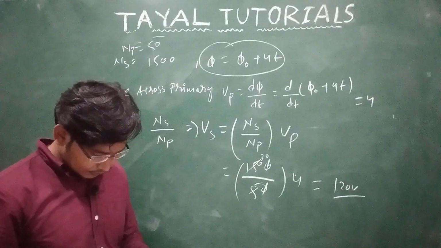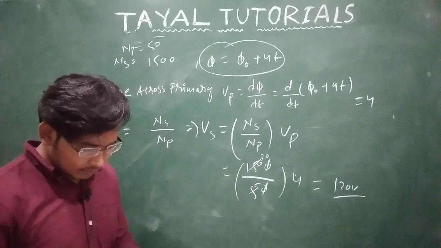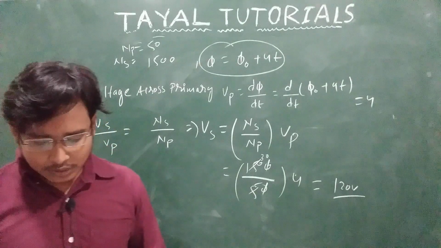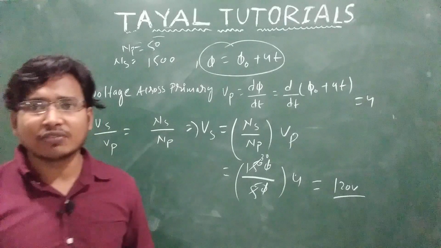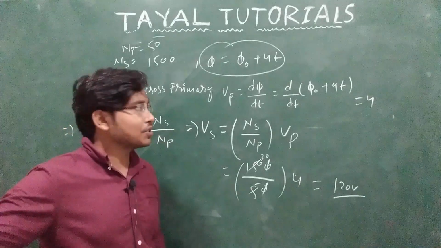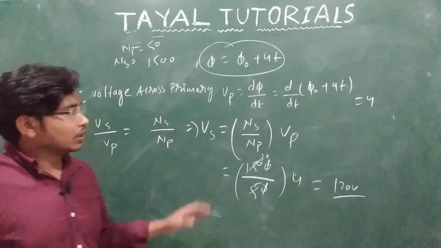So a metal kept in a varying magnetic field will be the answer. Eddy current will be produced when a metal is kept in the varying magnetic field. These things have been discussed in the class, so I request you all to go through that problem.